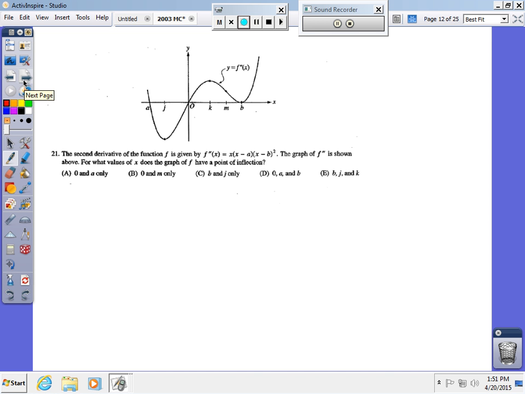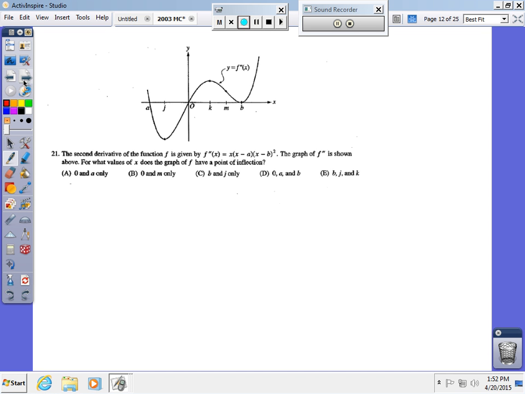Next one, second derivative of a function is given by that. The graph of the second derivative is shown above. For what values of x does the graph have a point of inflection? Points of inflection, where it changes signs.